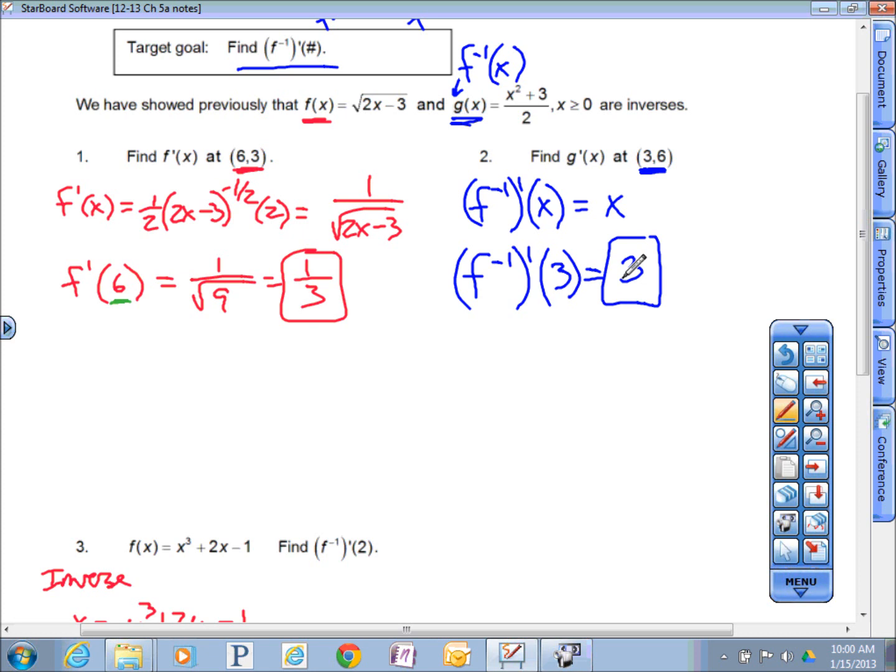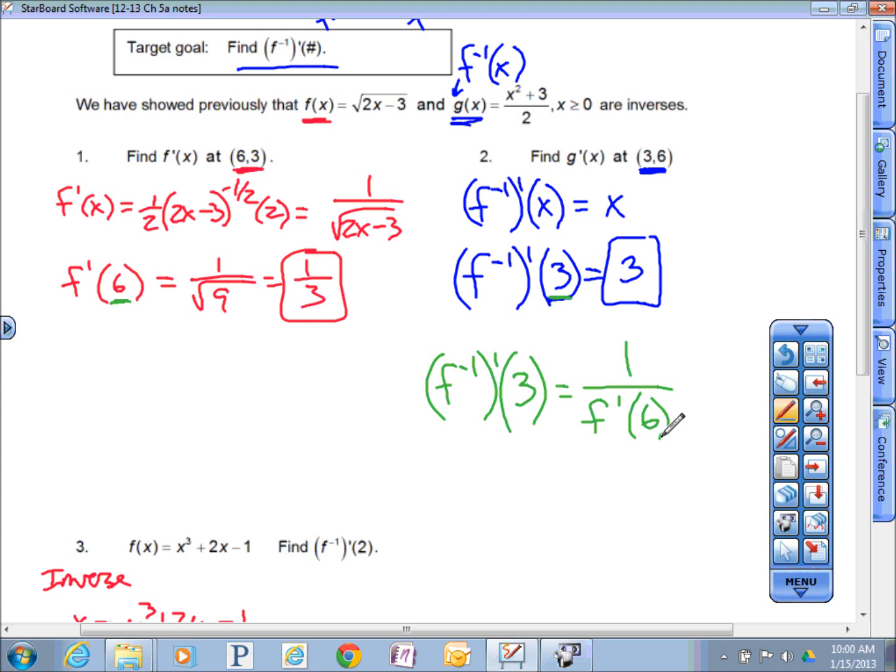So here's my relationship. F inverse prime of 6 is the same as 1 over f prime of its partner. F inverse prime of 3 is exactly the same as 1 over f prime of 6. And that's going to hold true every time.